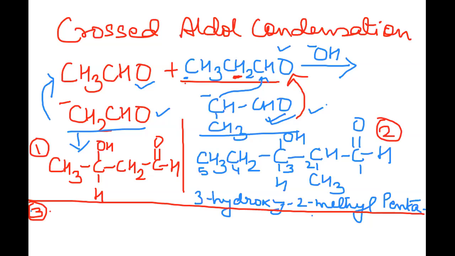Now the third product is going to look like CH3, taking the substrate molecule to be acetaldehyde, COH, and then H, and the attacking reagent to be the blue, that is propanaldehyde. So you will get a compound which is going to be CH, a CH3 and a CHO. In this case, how many carbon atoms are there? 5 carbon atoms.